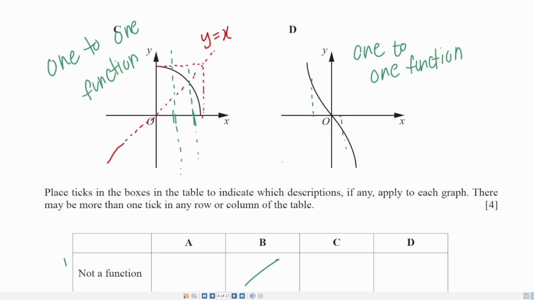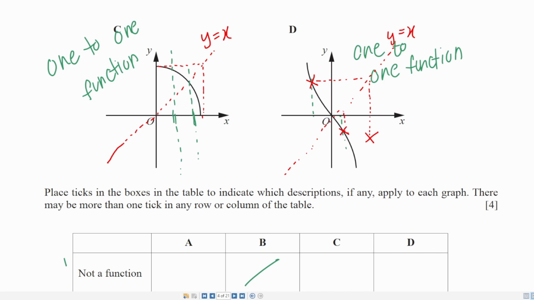Alright, one-to-one function here. So now let's draw the line y is equal to x again. Y is equal to x. Okay, so now let's say we take this point marked x and we reflect it across the line y is equal to x. And let's say we take another point.